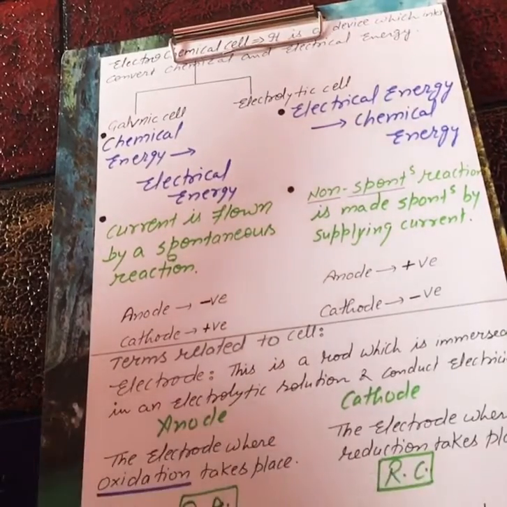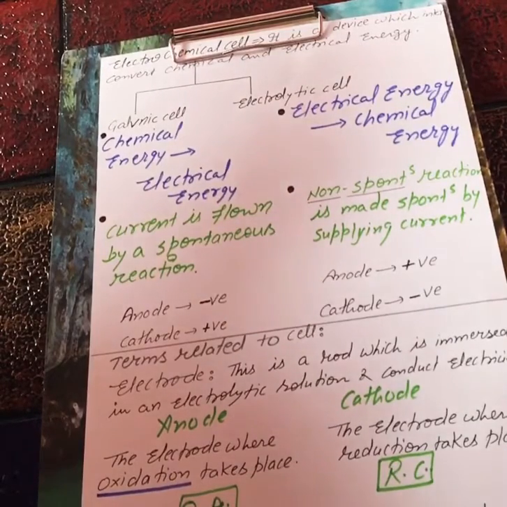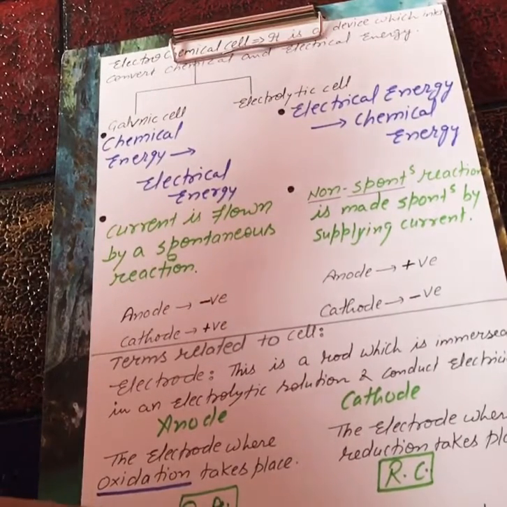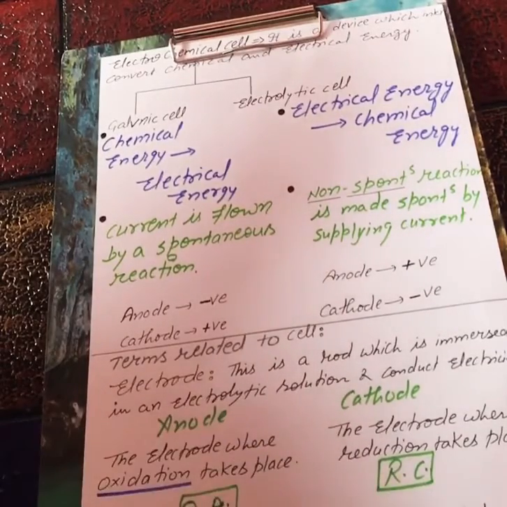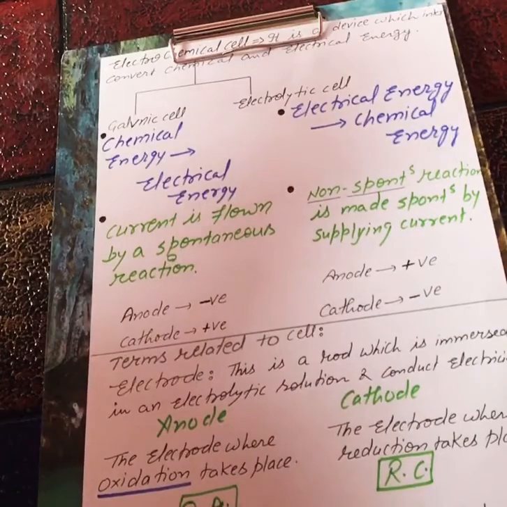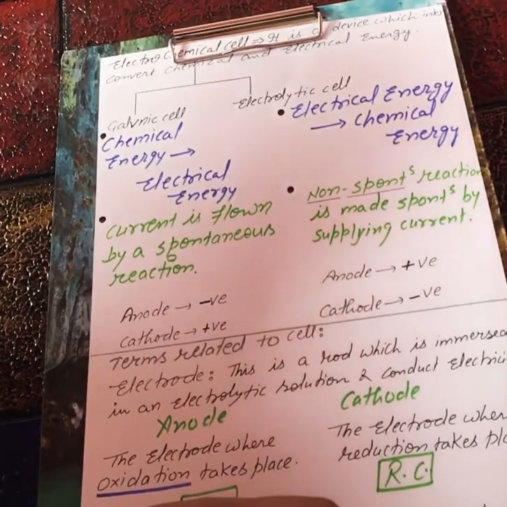Okay students, now this is a very important point for your IIT mains. Current will always flow from cathode to anode, while electrons always move from anode to cathode in an external circuit. अभी हम देखेंगे सर्किट दो टाइप के होंगे, internal circuit, external circuit.